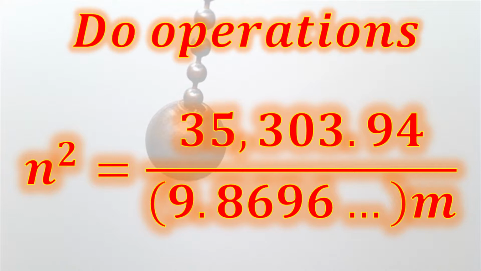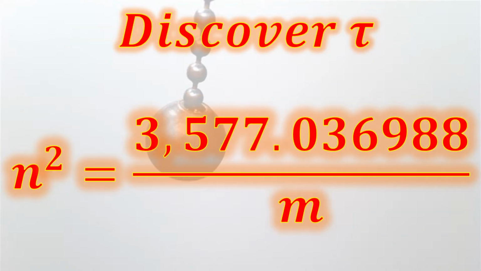Okay, it's just this never-ending number, but I don't know how many digits my calculator went out, but it gave us right here our tau, 3,577.036988. And of course, n squared is that number, tau, over m in meters.